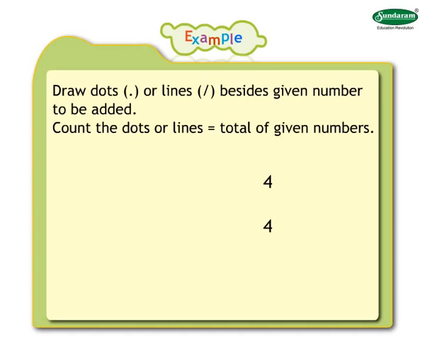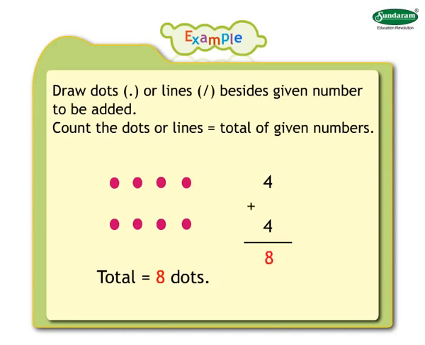So draw 4 dots to the left of 4. The next number is also 4. Again, draw 4 dots to its left in the space provided. Now, count the dots. We have counted 8 dots in total. Hence, 4 plus 4 is equal to 8.